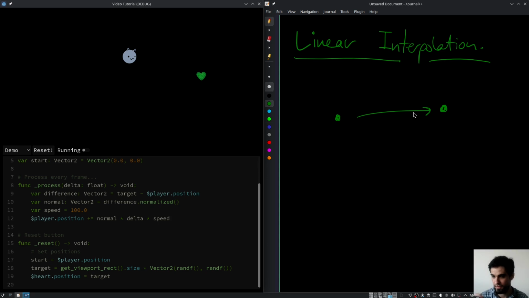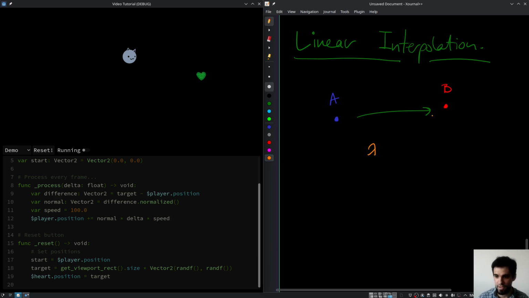So what is linear interpolation? In linear interpolation, we want to go from one point to another. So let's say this is A and that this is B. And so instead of specifying the specific times, we want to use a parameter that we will call lambda.